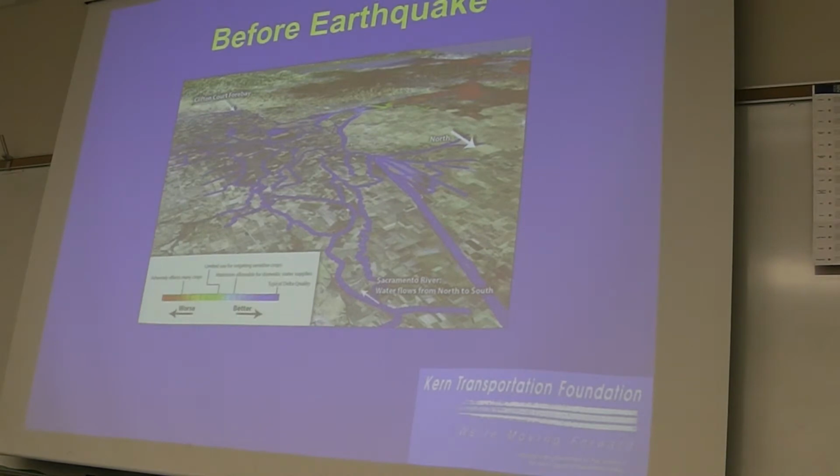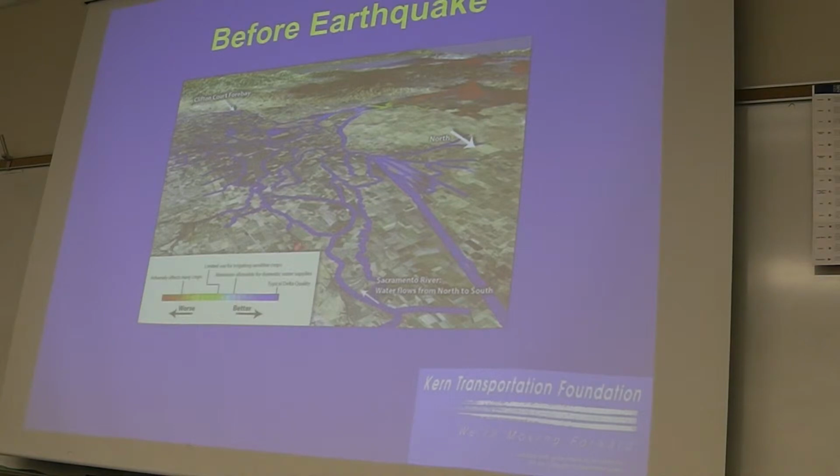There's other stressors as well. Okay, the other problem we have is that right through here you have an earthquake fault. This is the Delta, viewing sort of from the northeast. This earthquake fault, our geologist friends tell us that there's a 75% chance in the next 30 years of having a magnitude 6.5 earthquake.